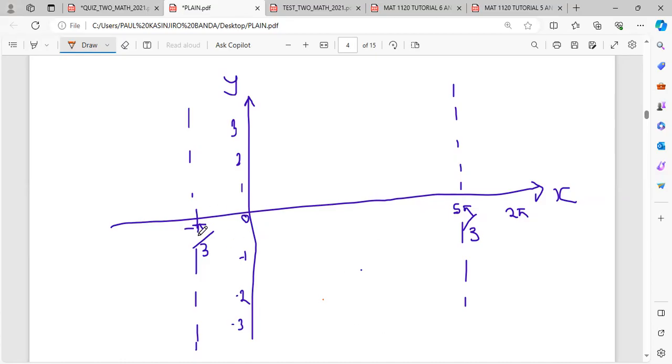Before we sketch, we have to find the midpoint between -pi/3 and 5pi/3. You add this to that, then you divide by 2, and you are going to find 2 pi over 3.